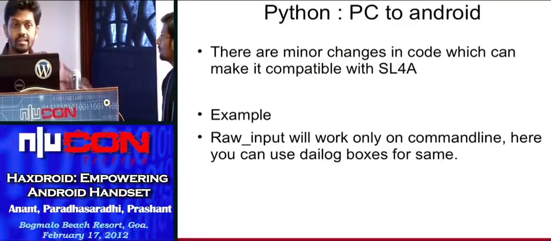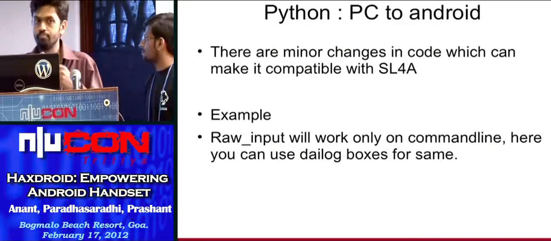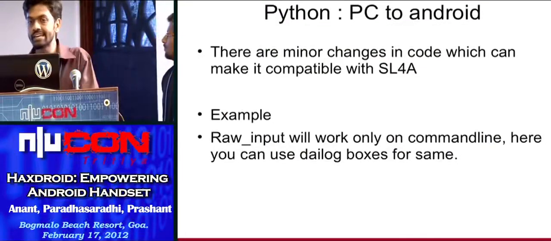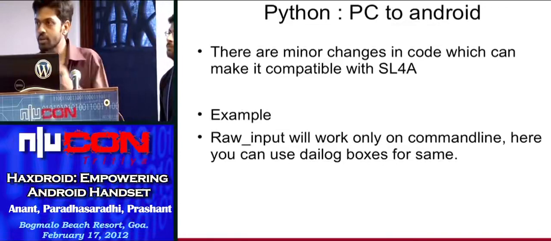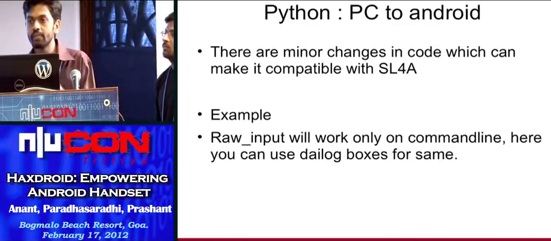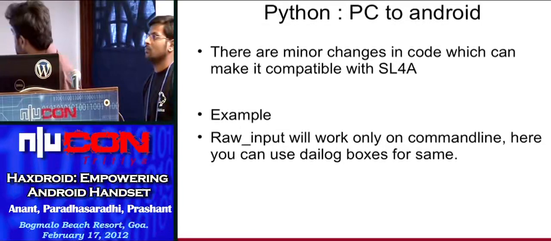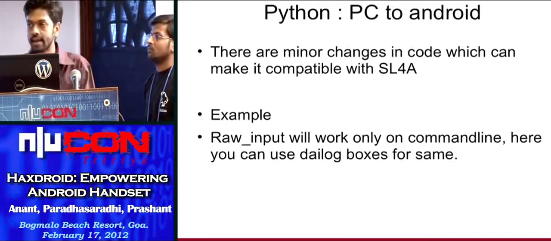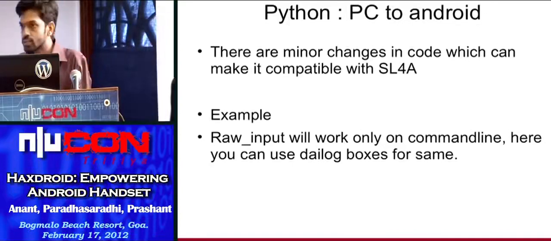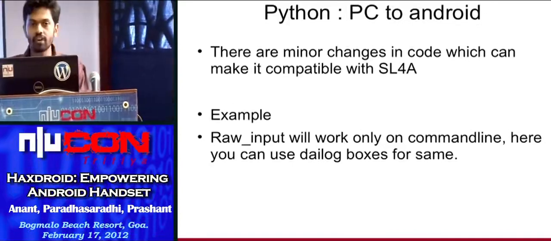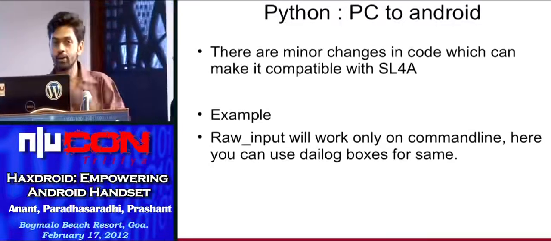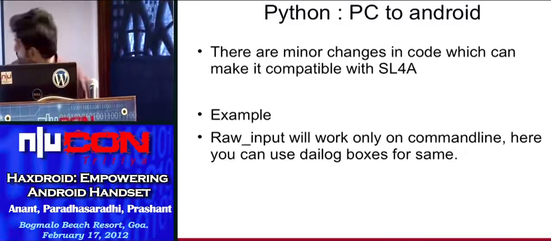Now, there is another aspect in which we can work. Without recreating the whole application, we can look at smaller parts where we have a user interaction. Like an application is there which just takes an input from user and gives out a result. So we can replace small functions with their Android equivalent in SL4A.